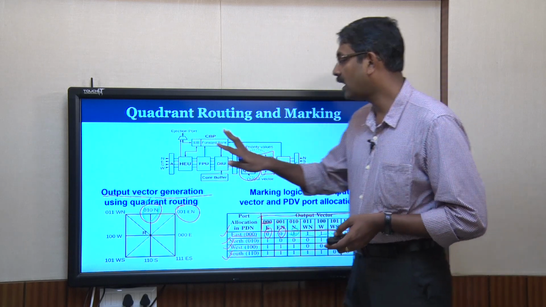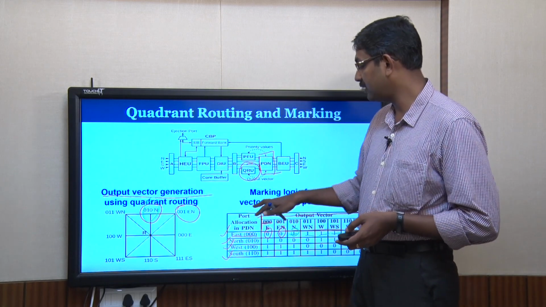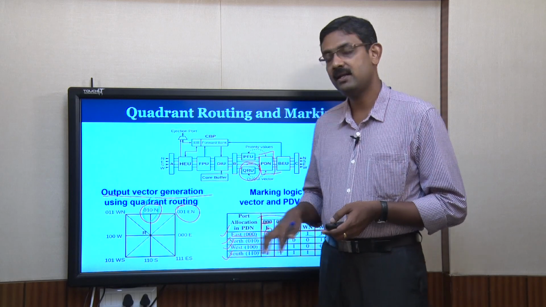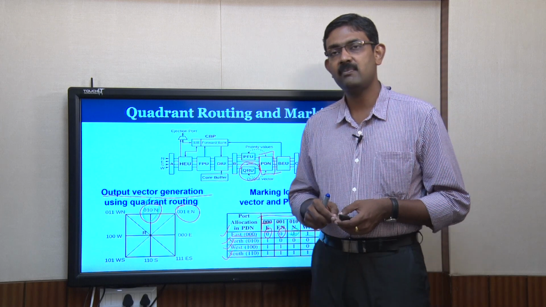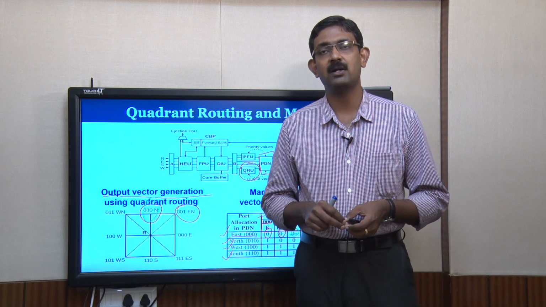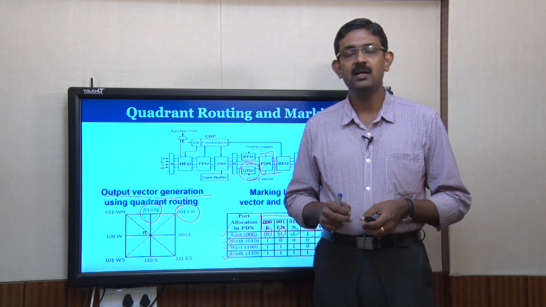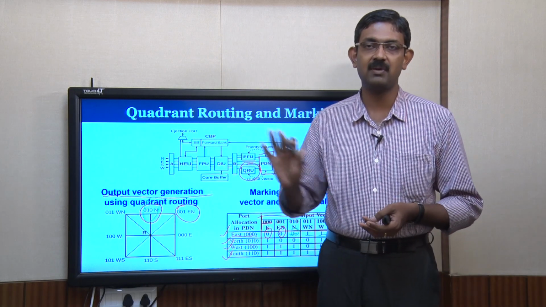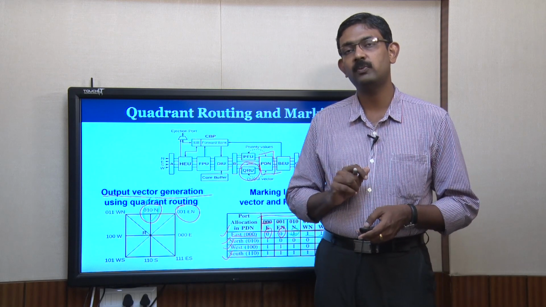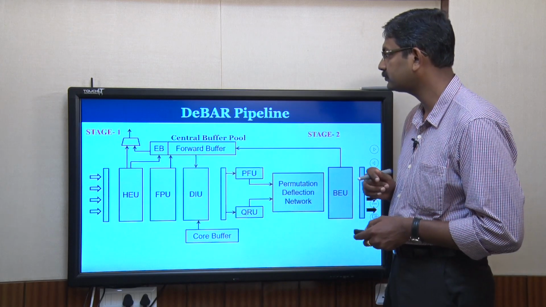Based upon the output vector and the output port that is allocated, there is a marking scheme where a flit marked with 1 is not productively assigned, it is deflecting away. If it is marked with 0, nothing should be done, because even though the flit is going in some direction, it is still one hop closer to the destination.